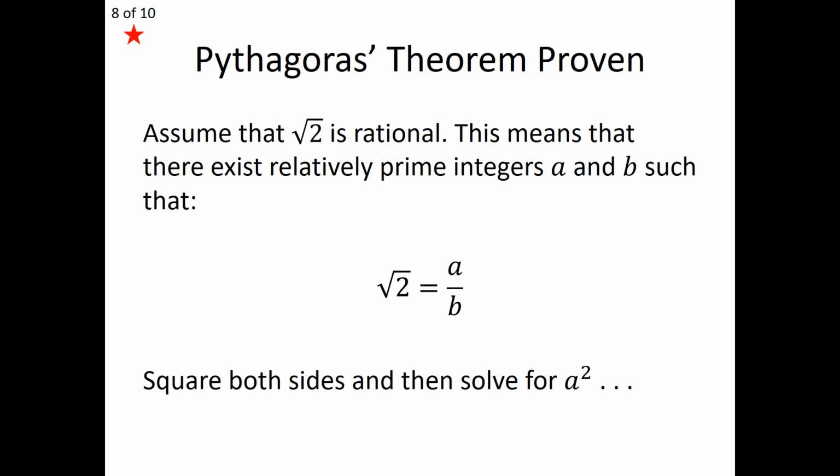It turns out one of his students, and we're not sure if this is true or not, suggested that maybe Pythagoras was right, because Pythagoras thought he was wrong in his proof.